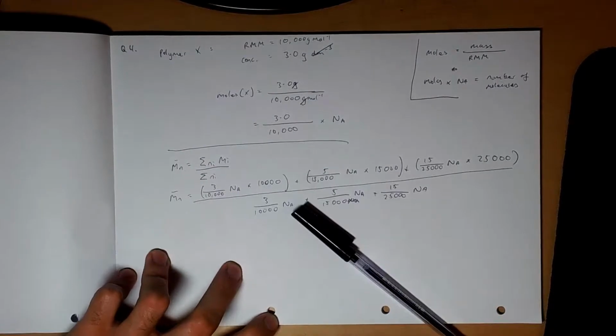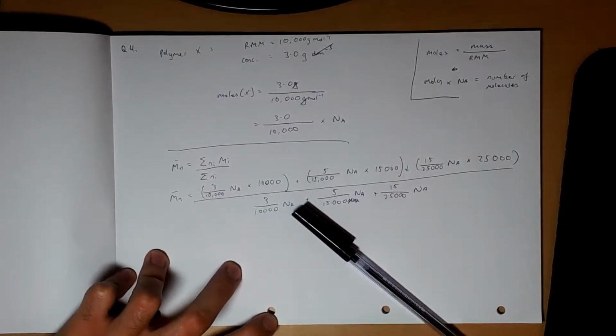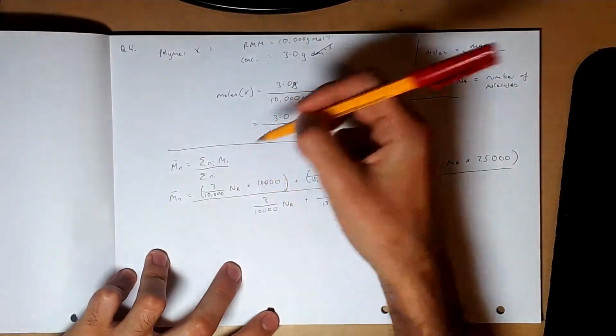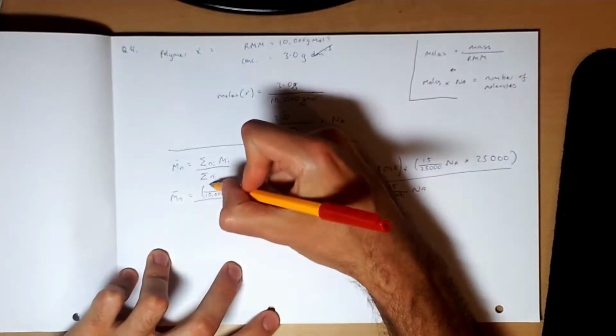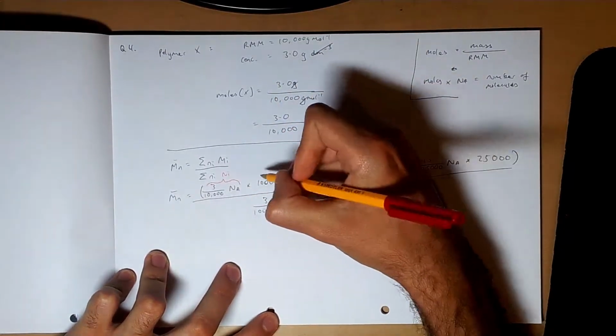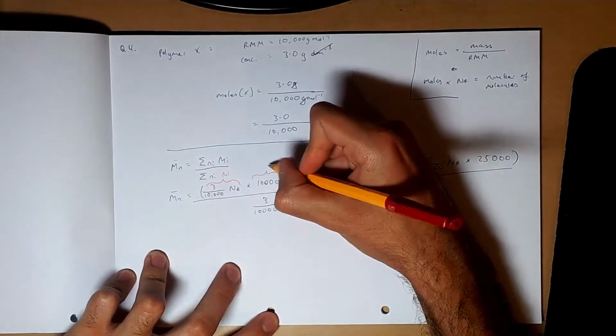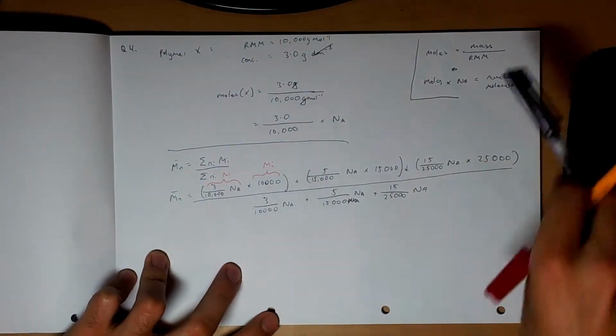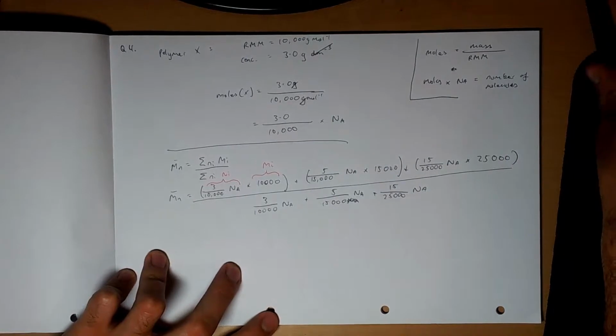So if we look at this more closely, we see the Ni-Mi term. This part here is relating to the Ni, and this part here is the Mi. So essentially it's the same as the first question, just slightly more complicated.